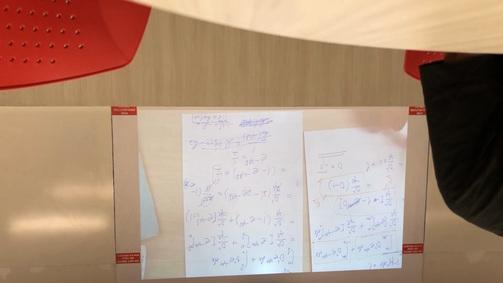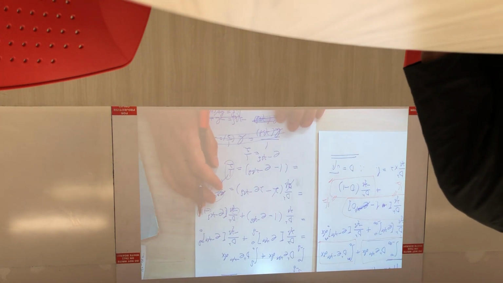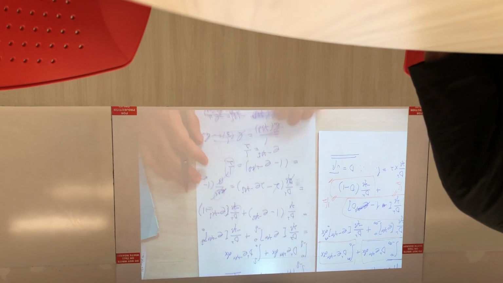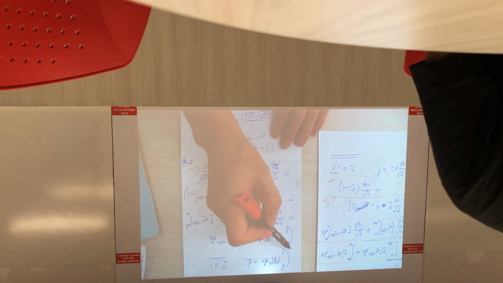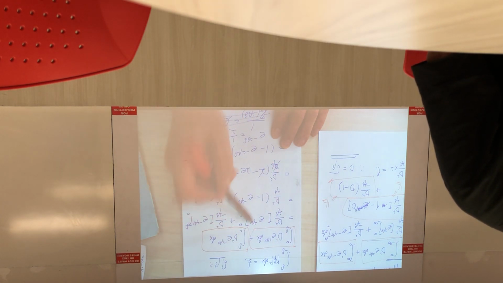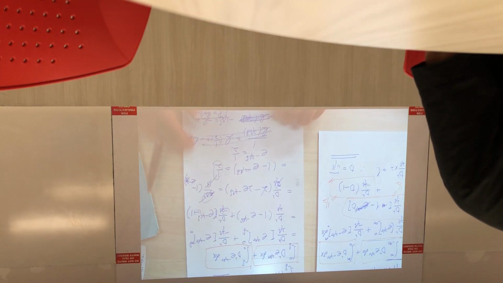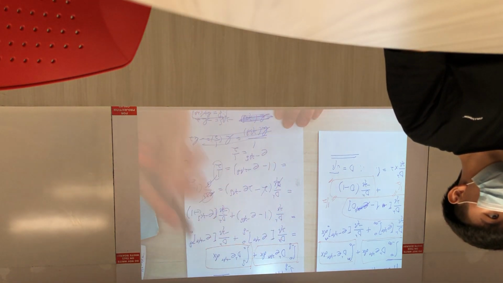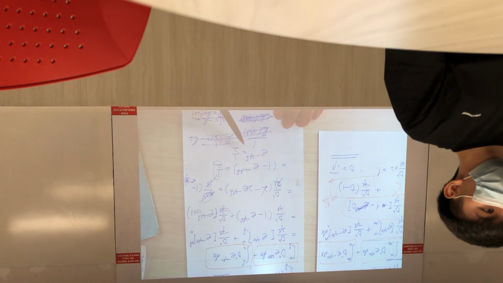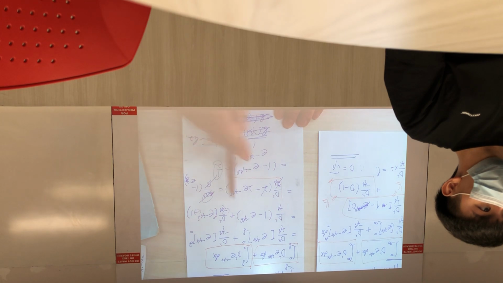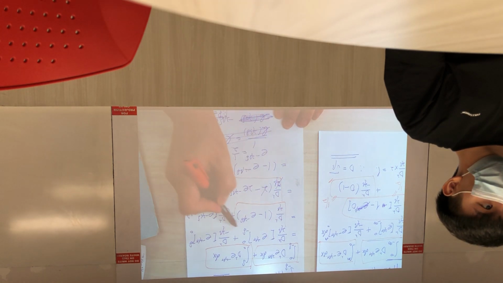Now, another thing you want to pay attention to in this calculation is this. So when we split this integration into the negative region and the positive region, then you will see that their integration is actually the same.